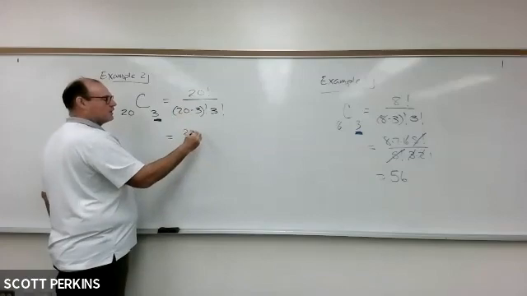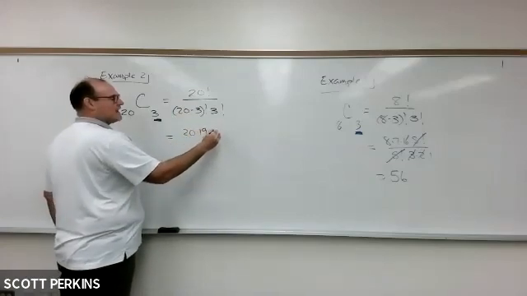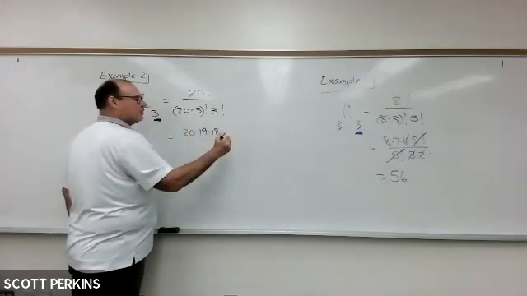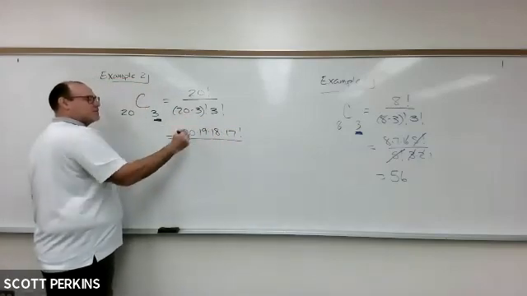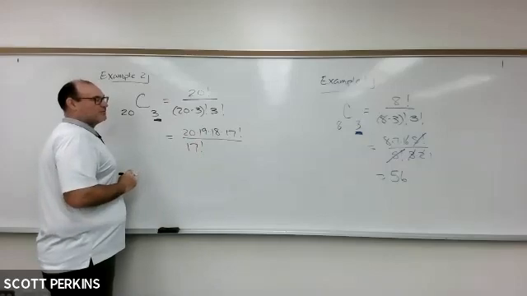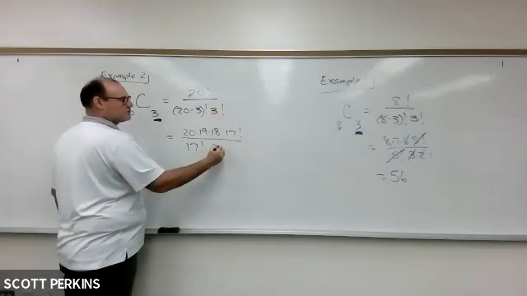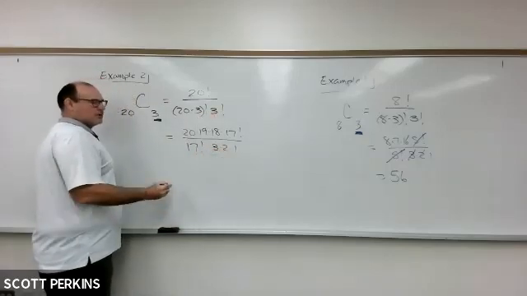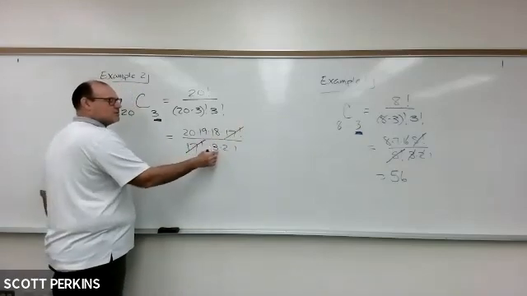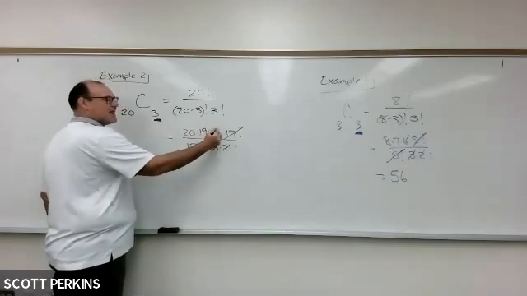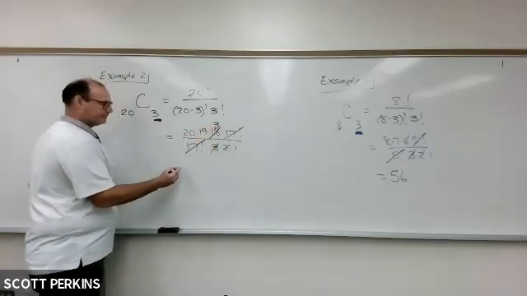I've got 20 factorial times 19 times 18, and then 17 down to 1 is 17 factorial. The reason I stopped there is because that's what this is, so that makes life a little more convenient. And then 3 factorial is 3 times 2 times 1. So here the 17s go away. Again, 3 times 2 is 6, and 6 goes into 18 and leaves 3.